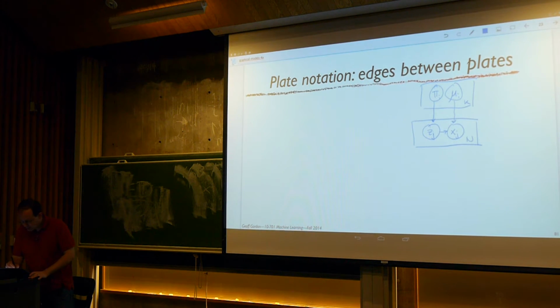For example, this is going to get kind of big if I try to do it. Let's do it like this: pi 1, mu 1, pi 2, mu 2, and then x1, z1, x2, z2, x3, z3.